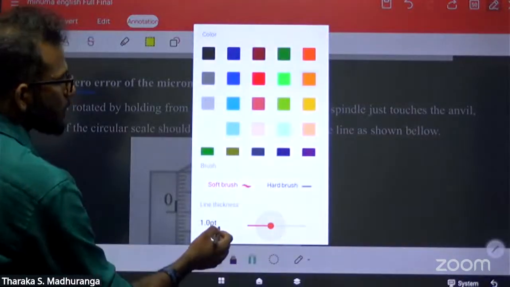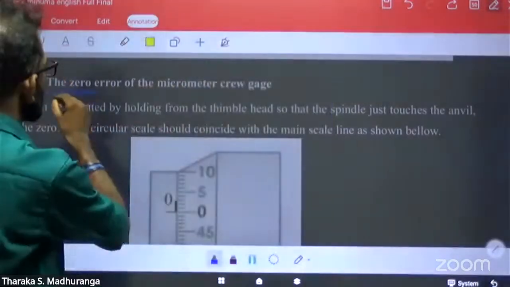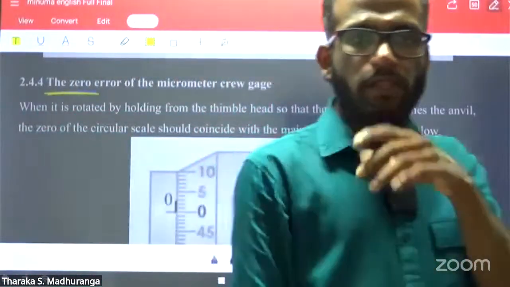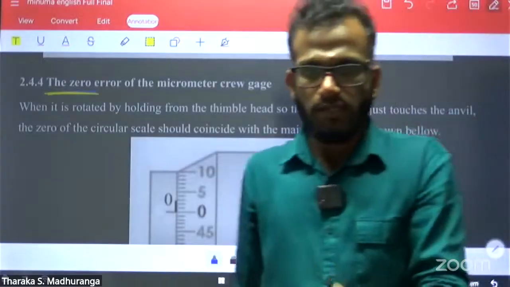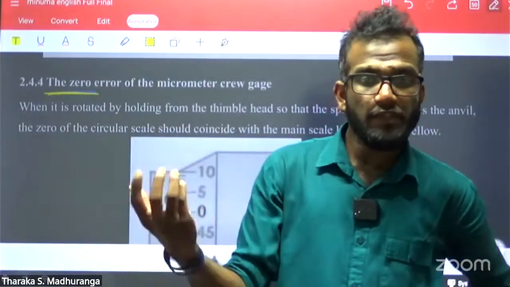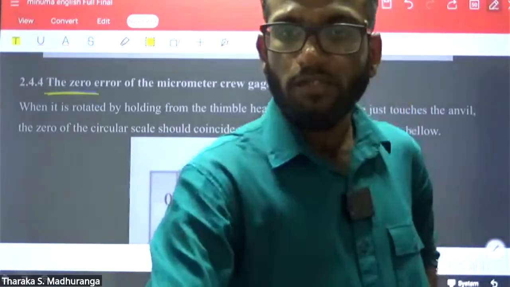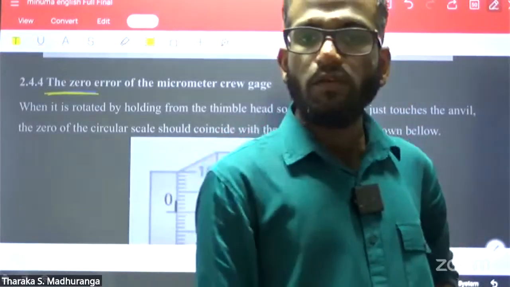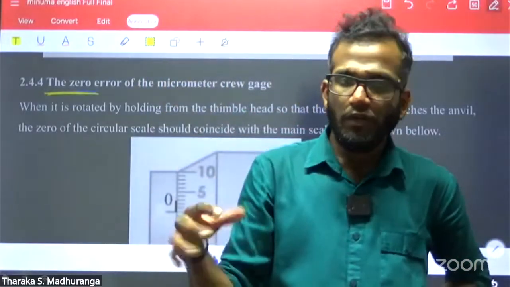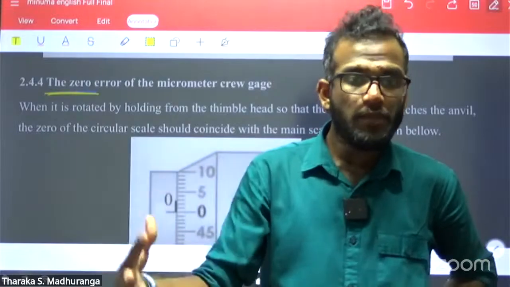Yes. Without taking a measurement, or before taking any measurement, if this instrument is showing some value, some reading, that we call the zero error of a measuring instrument.